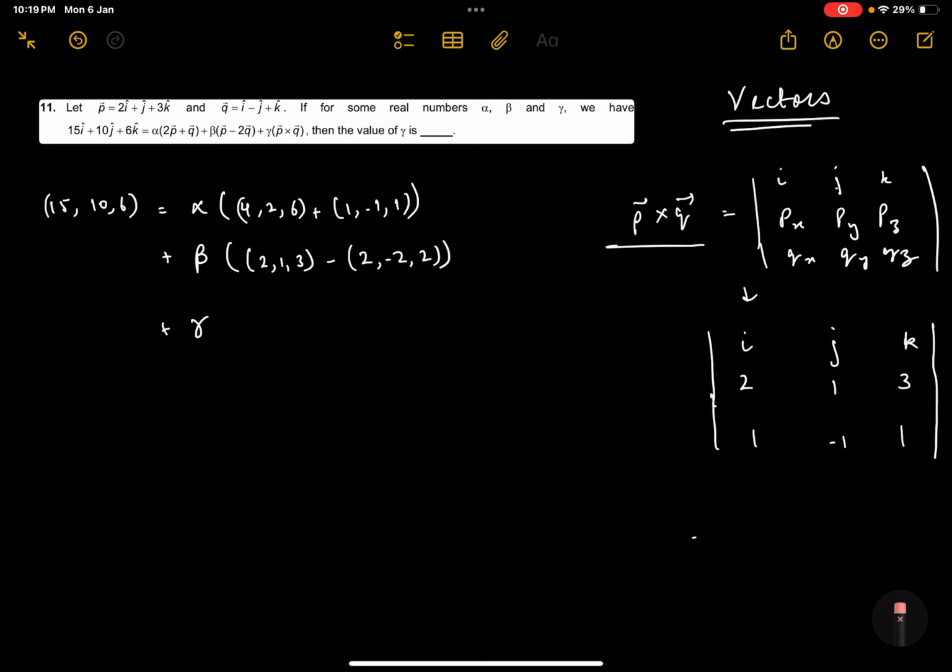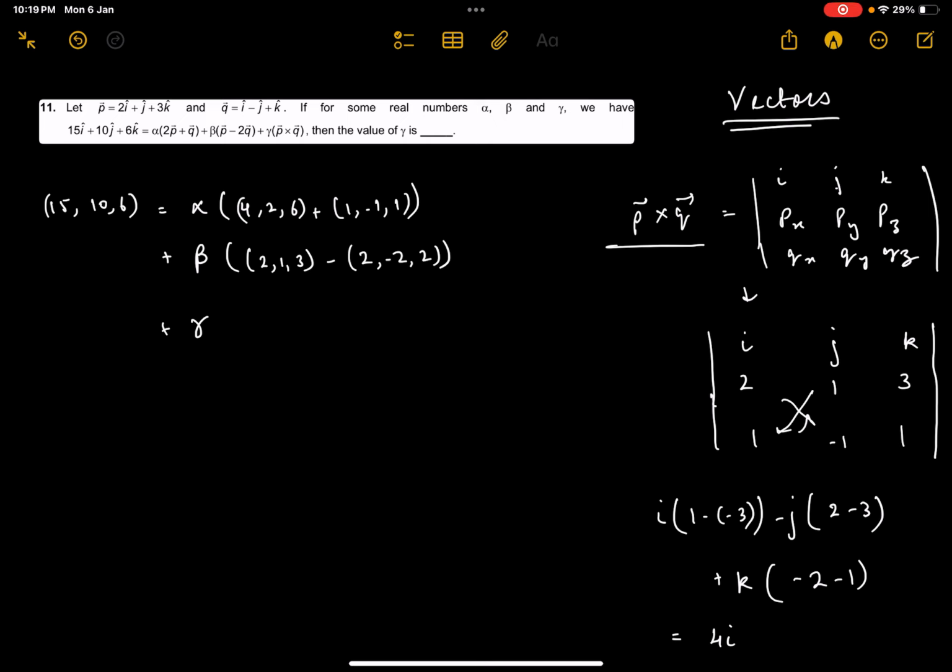So this becomes i into this minus this into this, which is 1 minus minus 3, minus j, this into this minus this into this, which is 2 minus 3, plus k, this into this minus this into this, which is minus 2 minus 1. That is 4i cap plus j cap minus 3k cap.